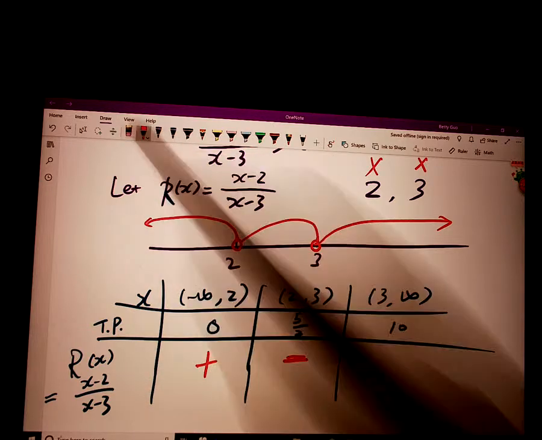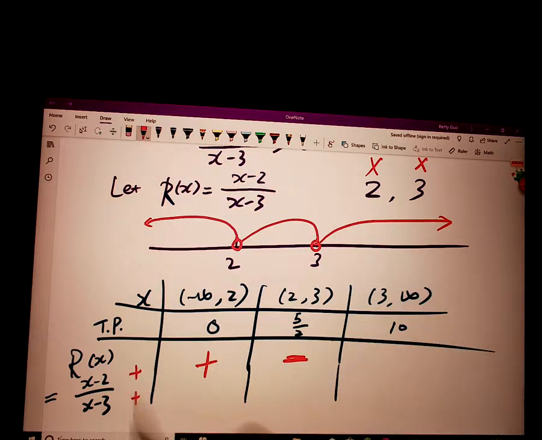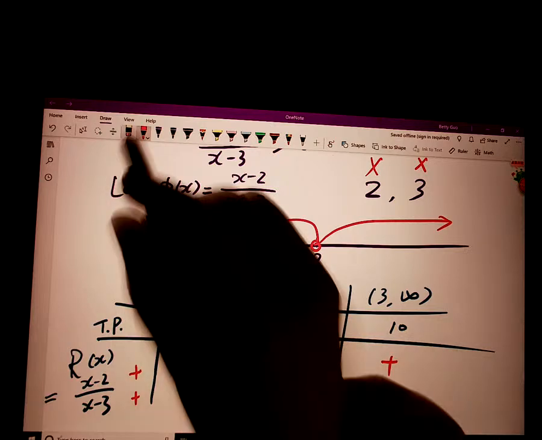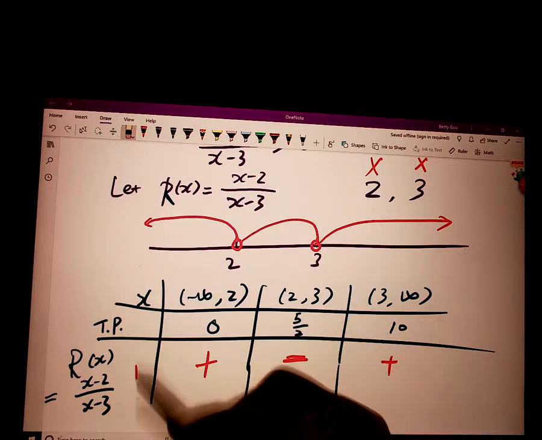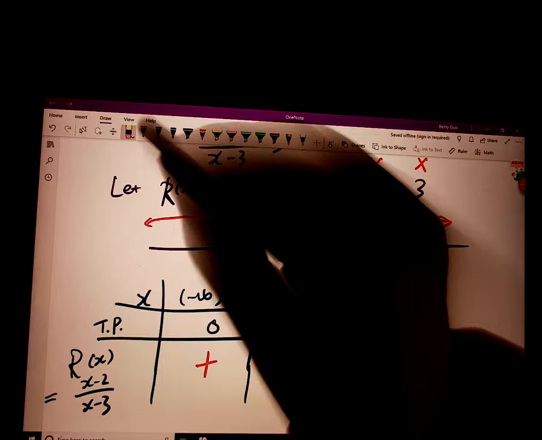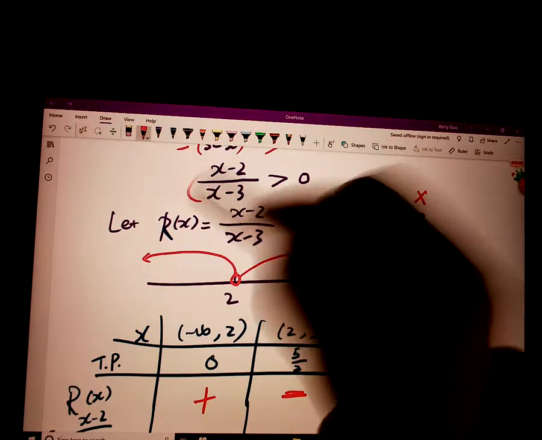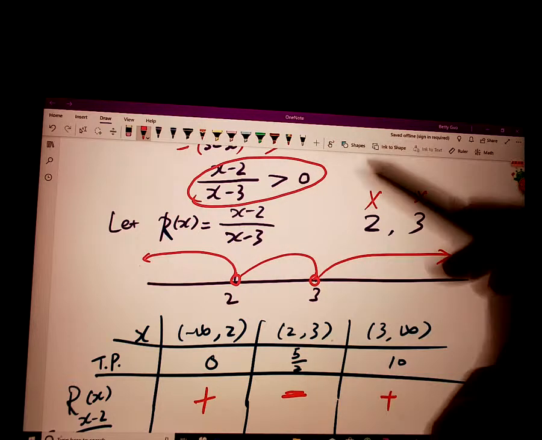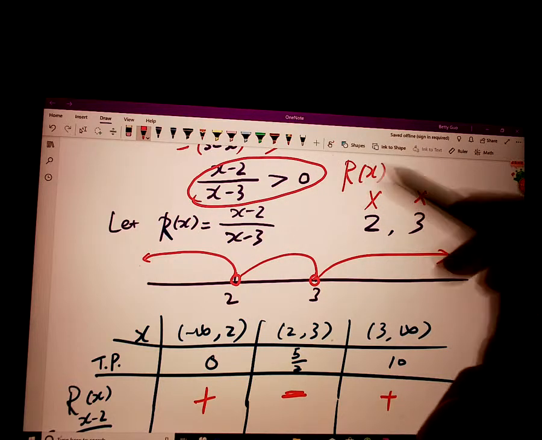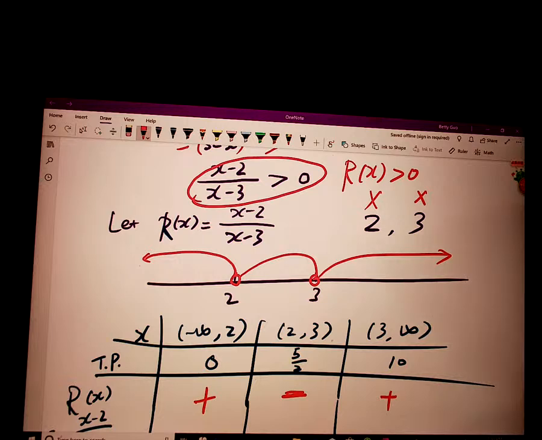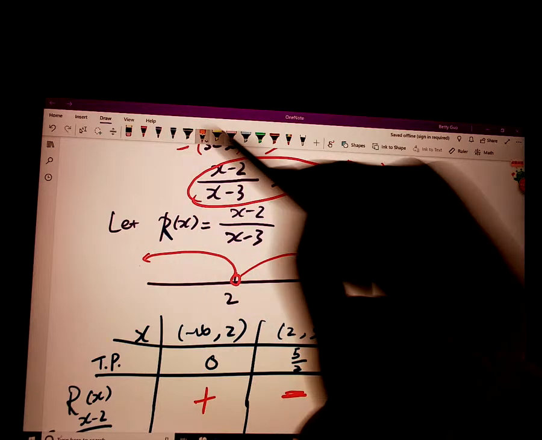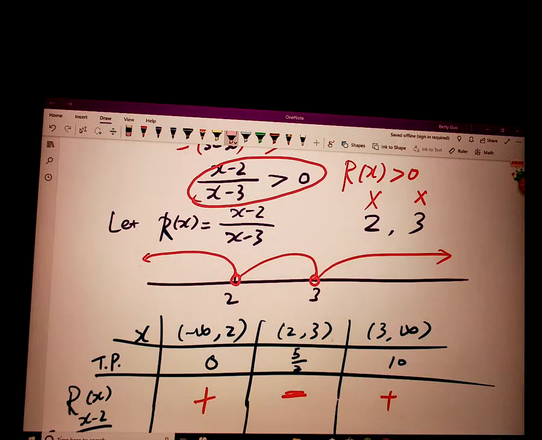And then we plug in x equals 10. Positive, positive, positive. And so what are we looking for? We are looking for the intervals over which R of x is positive.